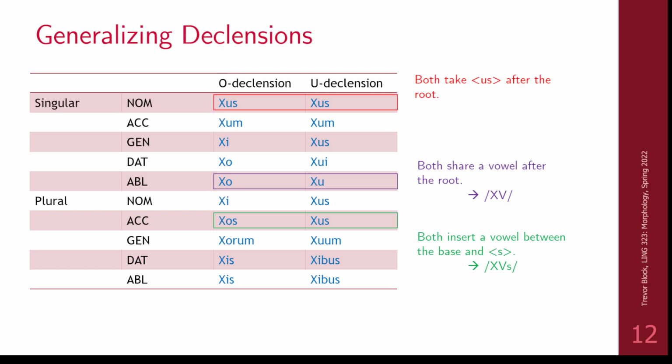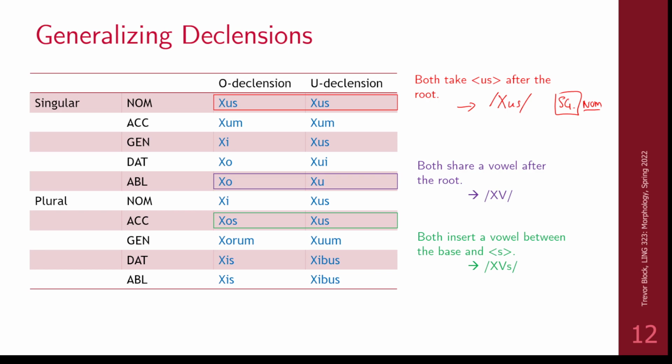Now, if you take a look at patterns, we know that x-us, the nominative singular for both declensions, is the same. So we could generalize this and say there's a pattern where it's x, the root, and then it takes us. And that is how you form the singular. Specifically the singular nominative, let's be more specific there.